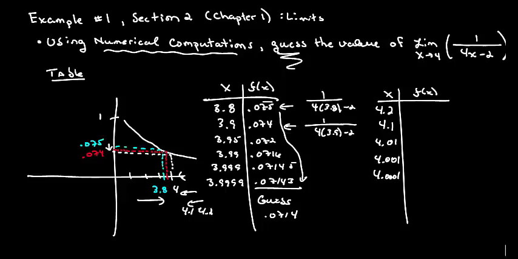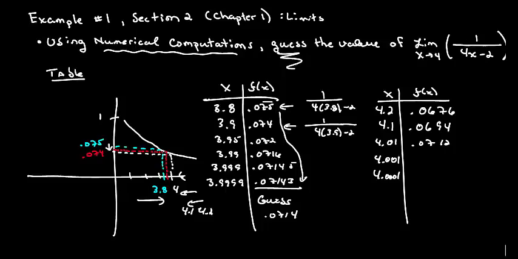And if we do just 4.2, I get out 0.07, or 0.0676 approximately. If I plug in 4.1, 0.0694. 4.01, this guy right here, gives me 0.0712.